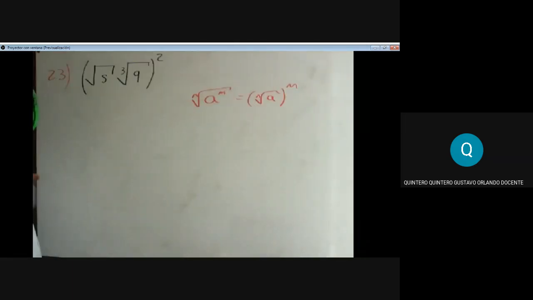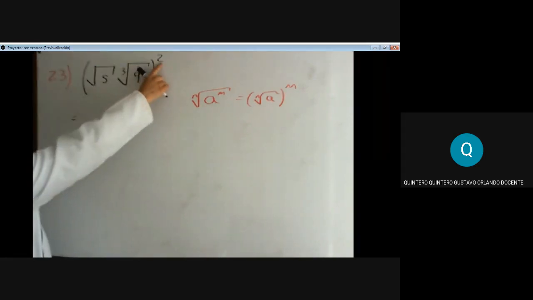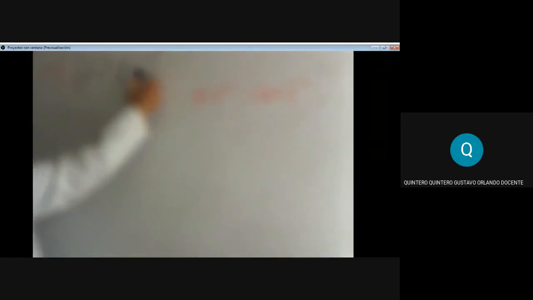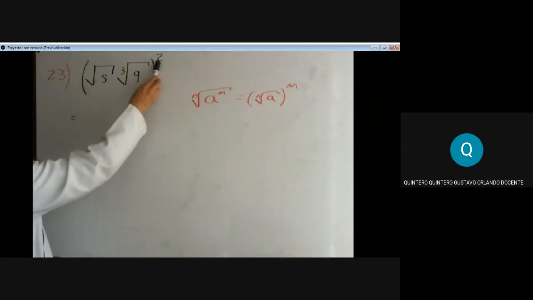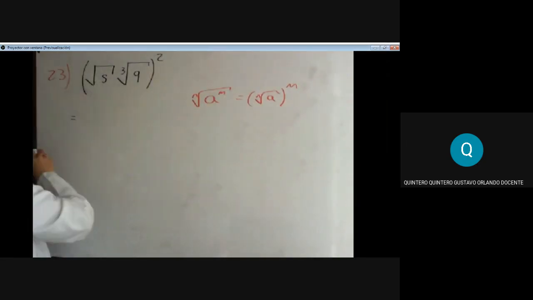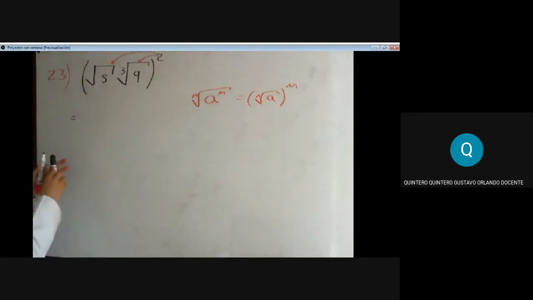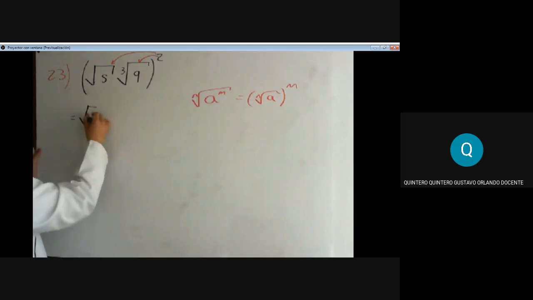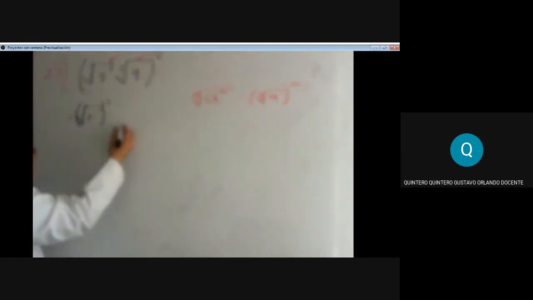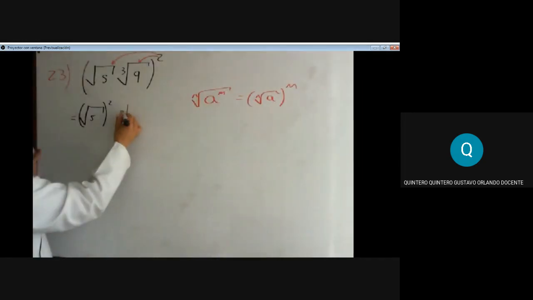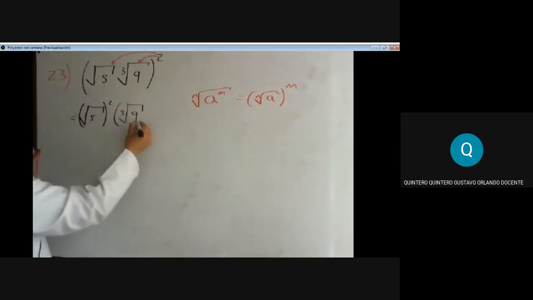I hope. All right, let's do this. If I want to put the exponent inside of the roots, I need to distribute it on this root and also on this one, right? So I'm going to have the square root of 5 to the second power by the cubic root of 9 to the second power.